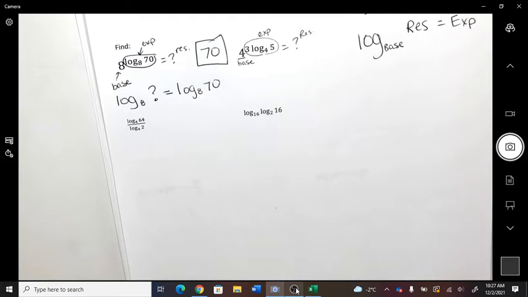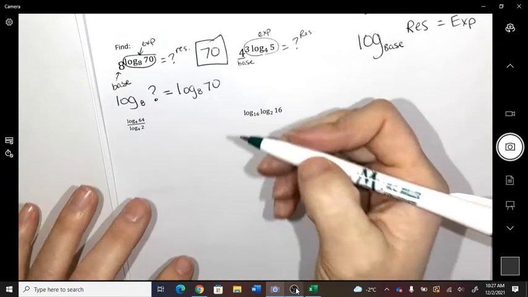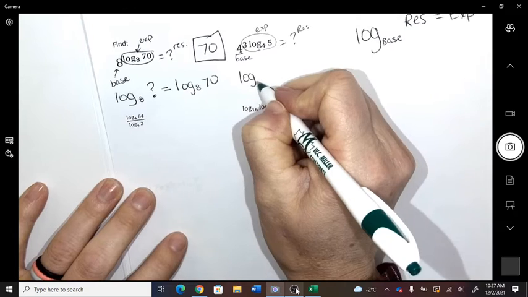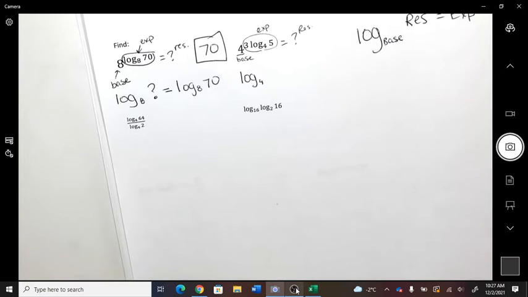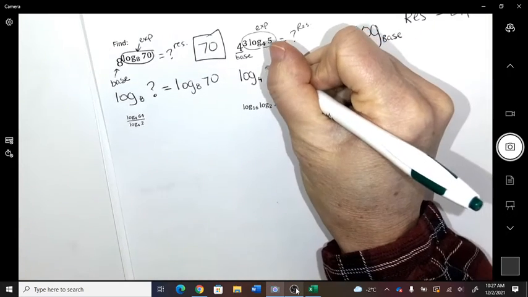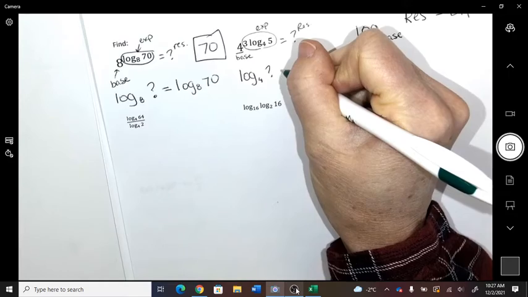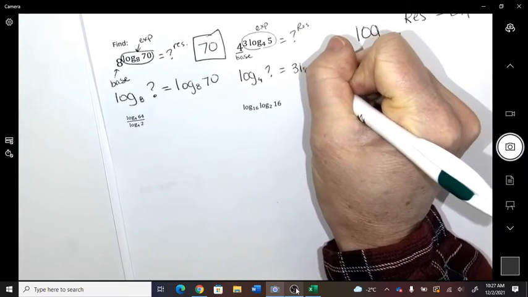Okay, so can you put that into a log form? So I'm going to go log baby, I call it a baby 4. Log baby 4, the result is what I'm trying to figure out, equals the exponent.